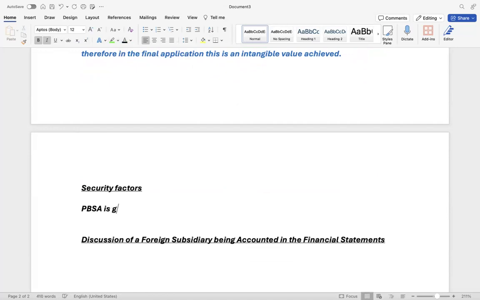PBSA is generally exclusive only for students. The objective can be student safety. Correct, no, students? Very, very practical. Students' safety.